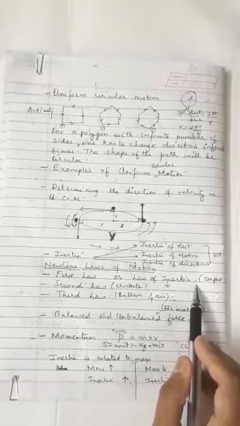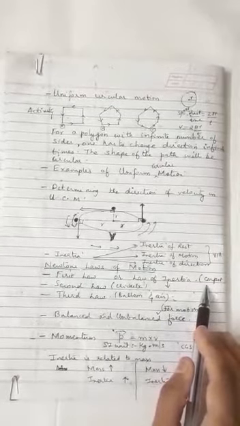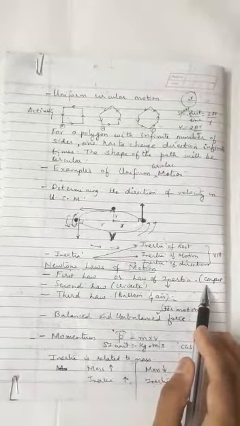The carpet is set into motion. What is present on the carpet? The dust particles. Though the carpet is set into motion, the dust particles on the carpet continue to remain in a state of rest.